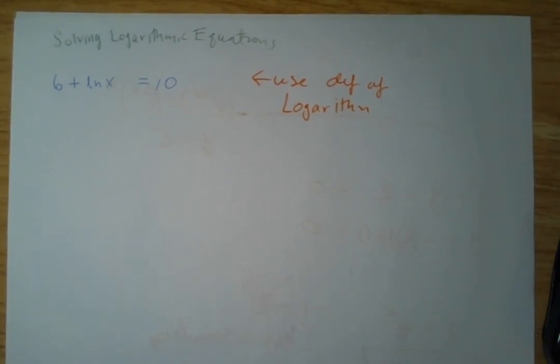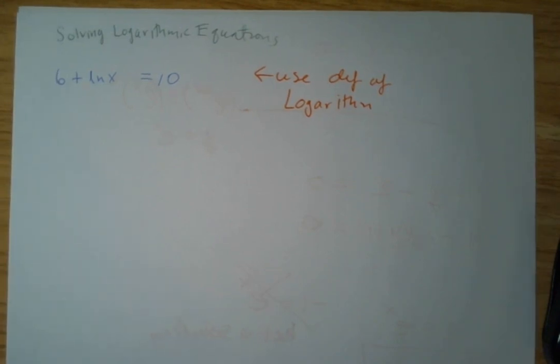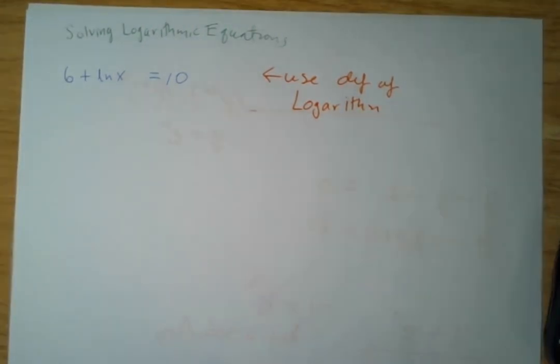So this will work when there's only one logarithm with the variable inside of it. If there's two logarithms with the variable, we could still take this approach, because we can use the power rule or the quotient rule to combine these. Now, if the constant value, like if they all had logs, then we take a different approach.